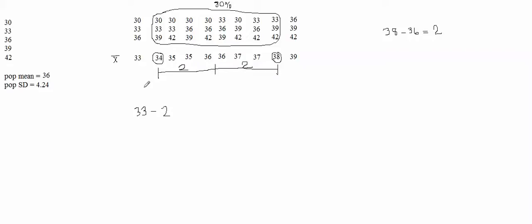Subtract 2. Remember, this sample mean is coming from here. It's the mean of sample 1. We're taking the mean of sample 1, and we're adding and subtracting the 80% margin of error, which creates a confidence interval around the sample mean of 33.